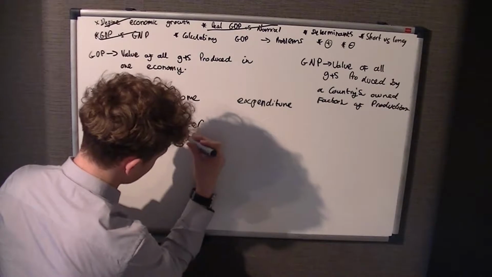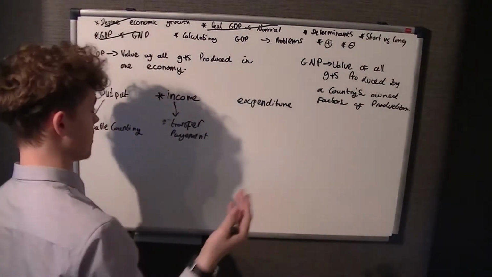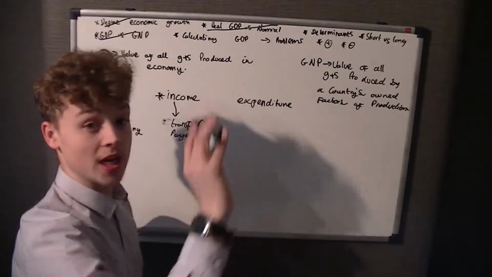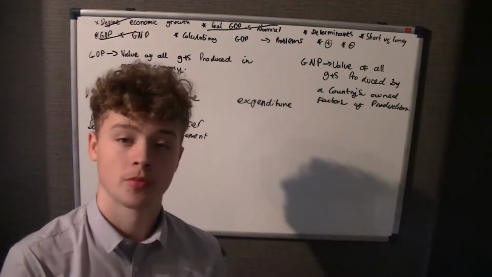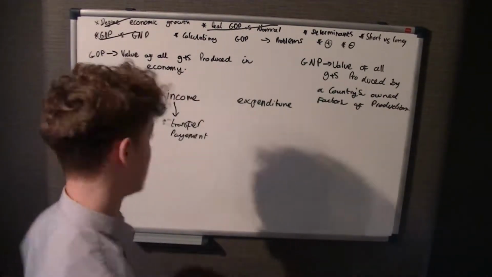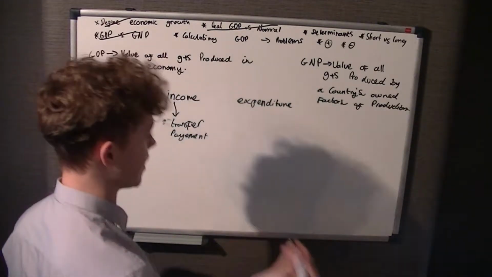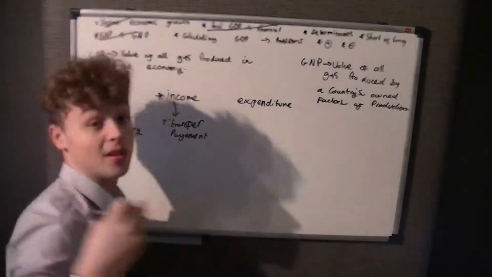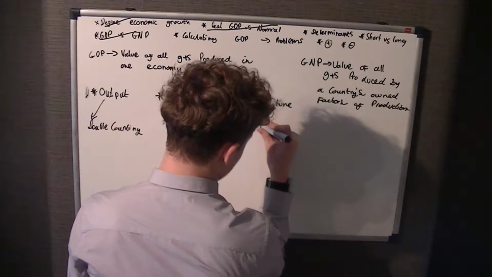A transfer payment is a bit like the Robin Hood effect in a sense. You've got taxes taken from the rich and given to the poor in the form of state benefits. So they are also known as transfer payments. And there's not really one to watch out for in expenditure, but that's just the aggregate demand sort of thing, AD.